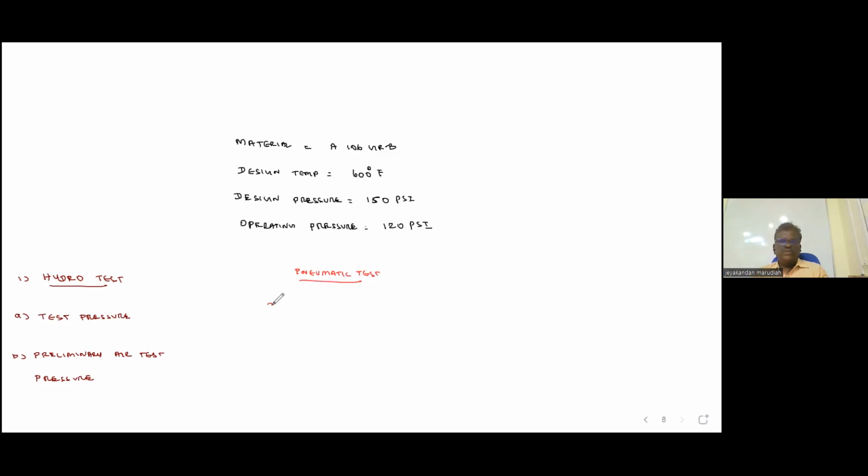Test pressure, maximum test pressure, first stage, test pressure, and the pressure relief device, the pressure relief valve set pressure.